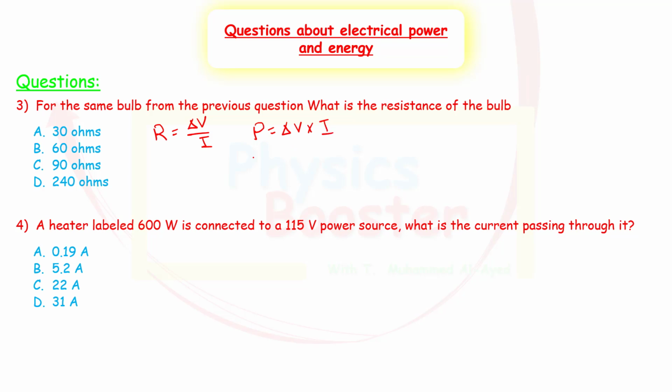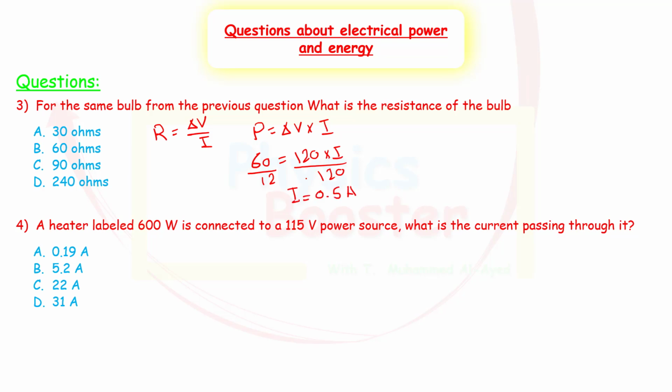And we know the power from the previous question, which is 60 watts. And the potential difference from the previous question gives 60 equals 120 multiplied by I. So we divide both sides by 120. And we finally get that I is equal to 0.5 amperes.